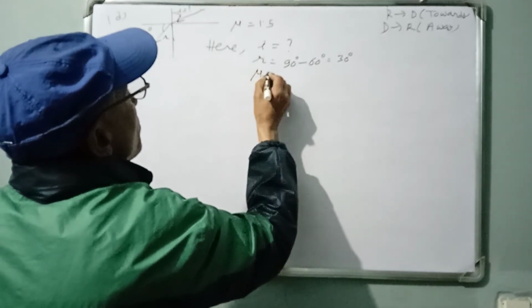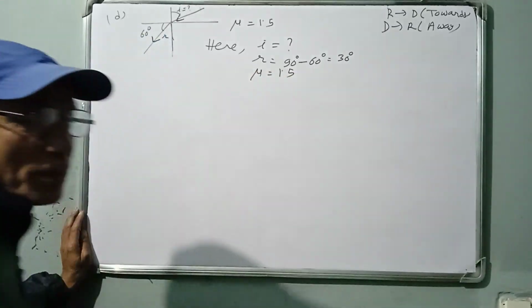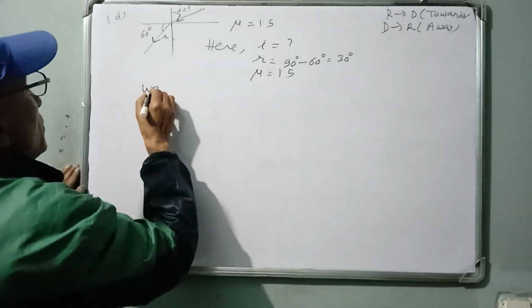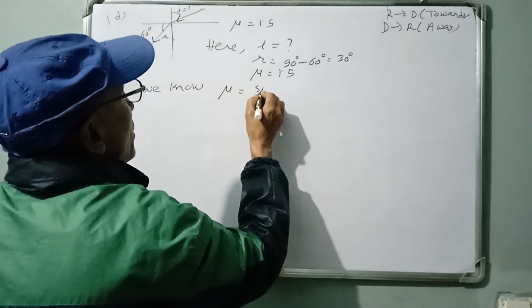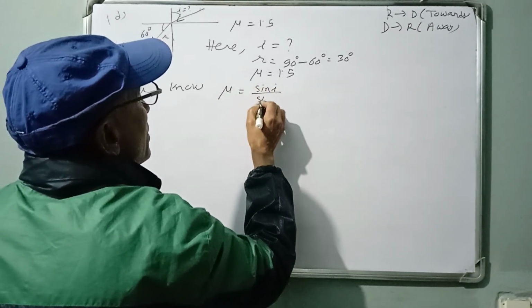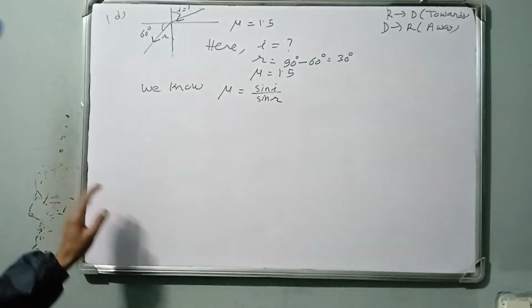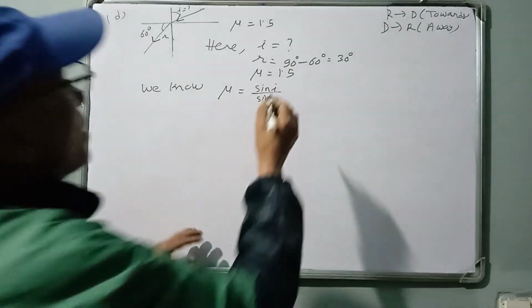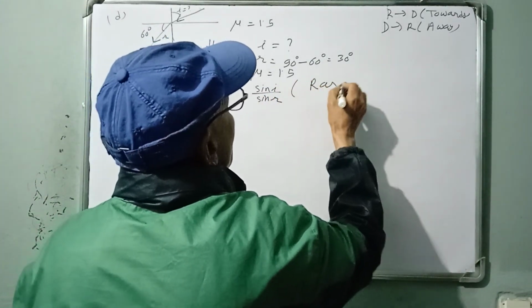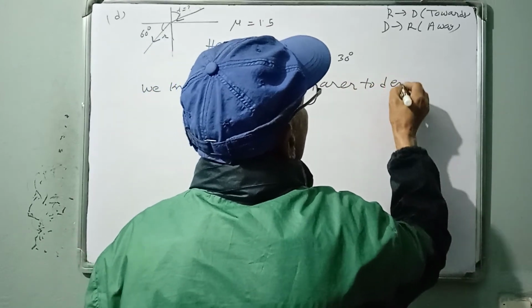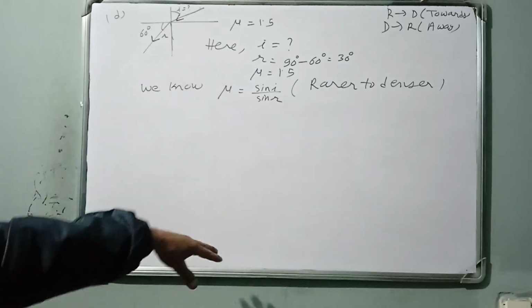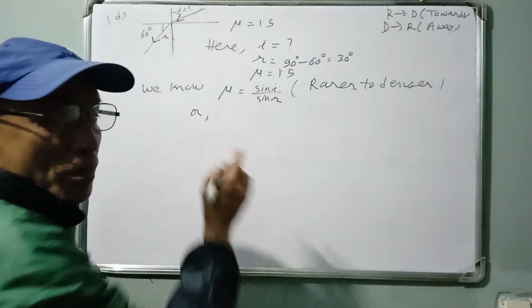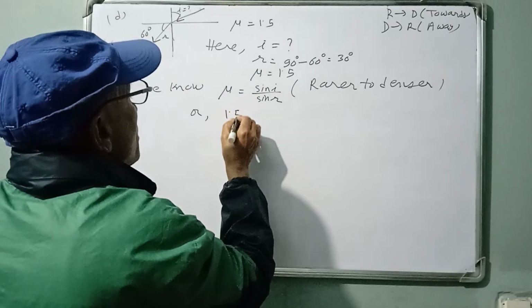Refractive index mu equal 1.5 given. So what is the formula? We know refractive index equals sine I by sine R. Why? Not sine R by sine I, because the ray is passing from rarer to denser medium. Mu equals sine I upon sine R. Value of mu 1.5 given.